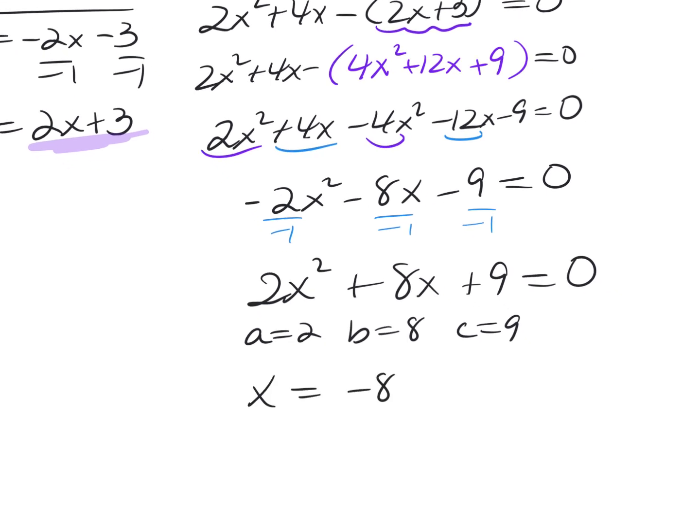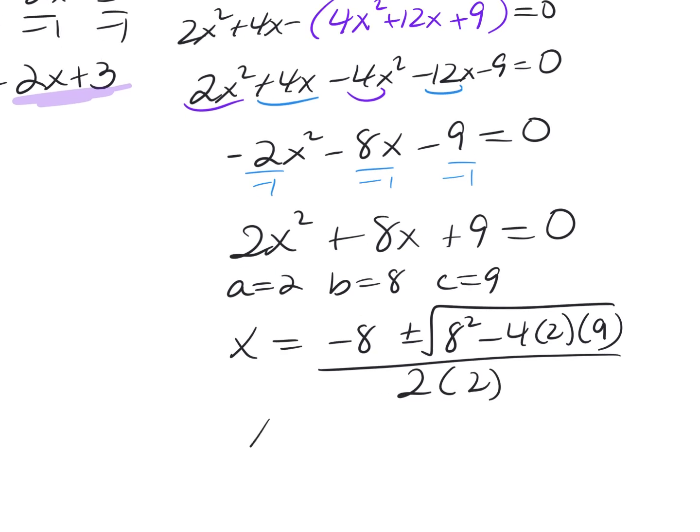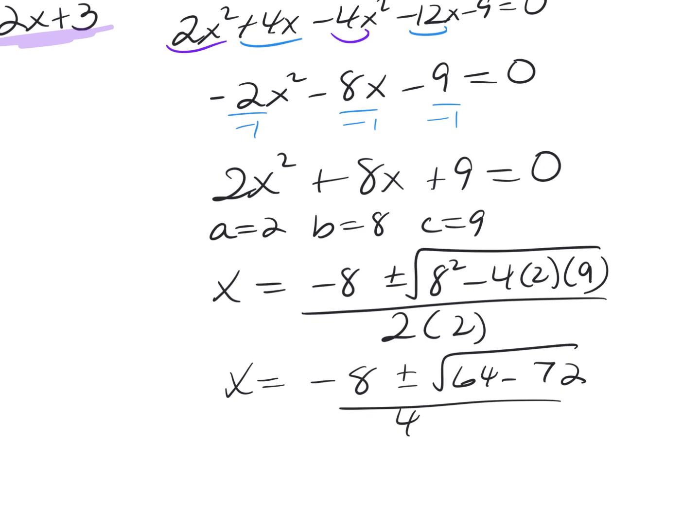Opposite of b, plus or minus the square root of b squared minus 4ac, all divided by 2 times a. x is equal to negative 8 plus or minus the square root of 64 minus 72, over 4.